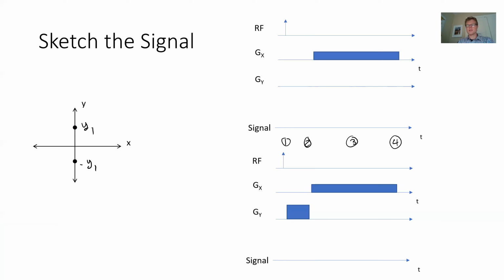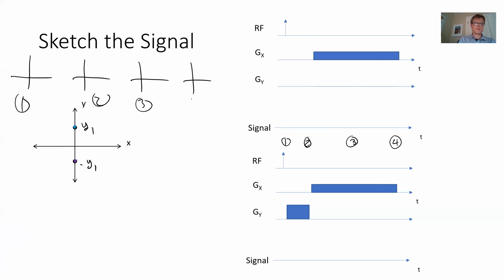What we're going to see is in the first case here, since we have no gradient in y, there's going to be no effect of the gradients. So if we repeat these drawings of the net magnetization, we can sketch it out quickly on the bottom here.